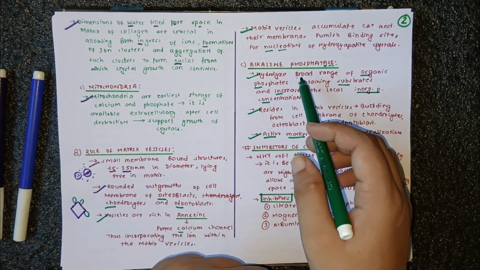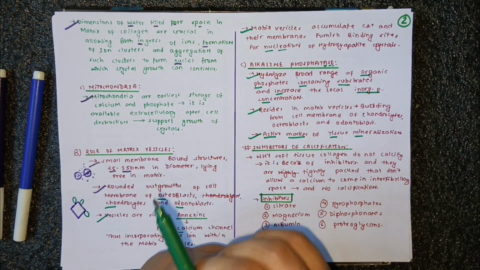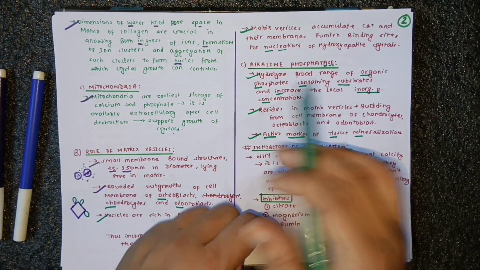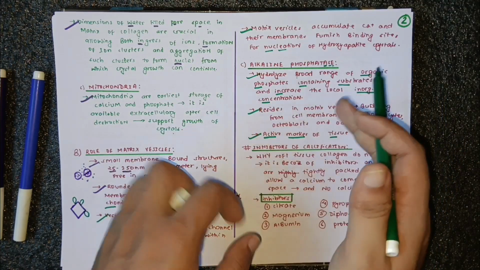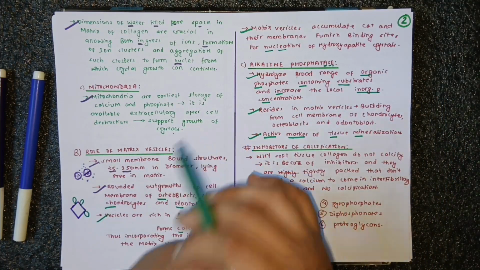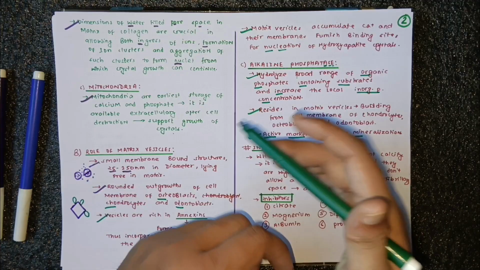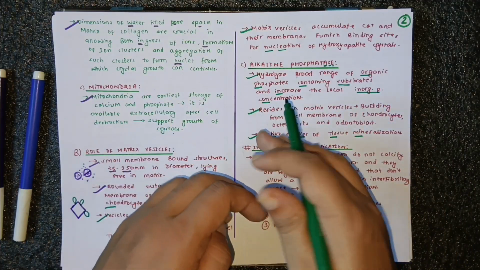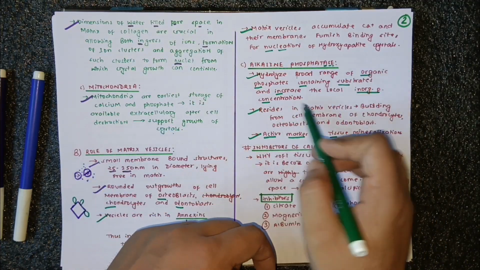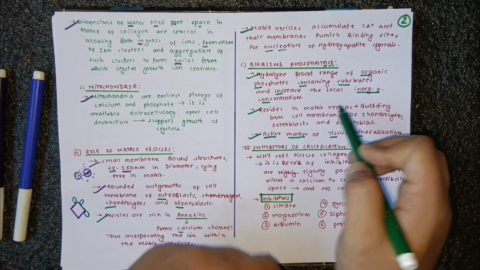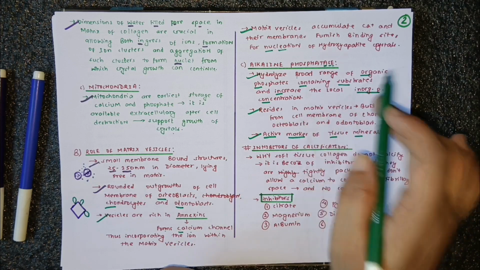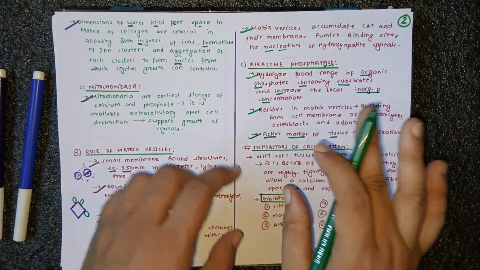Alkaline phosphatase hydrolyzes the organic phosphates containing some organic substrate, and that increases the local phosphate concentration and forms the nucleus. Finally mineralization happens there, and it resides in the matrix vesicle, which is budded from the cell membrane of those cells.